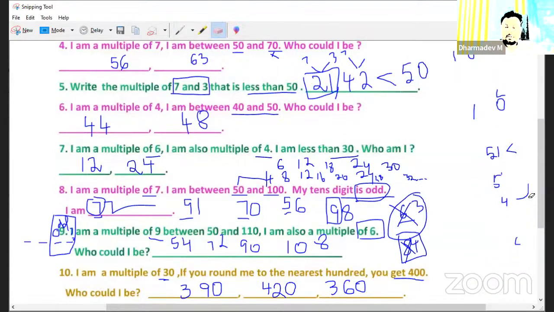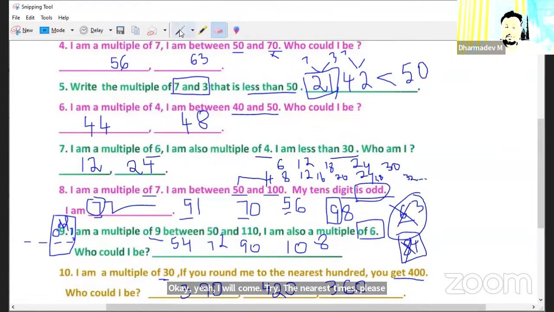We'll come to the nearest tens place, then we'll go on with that. If you did not understand, I'm explaining it again. So, the nearest tens place.